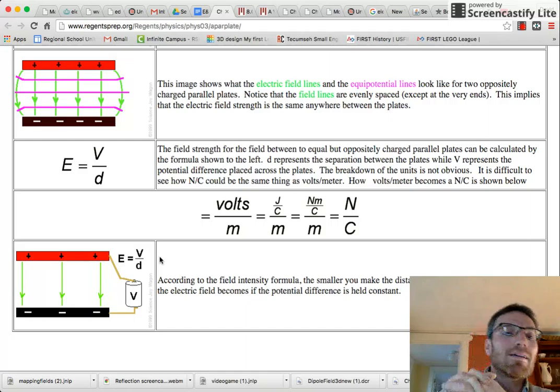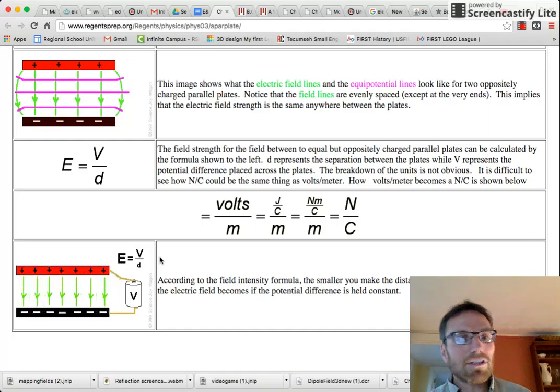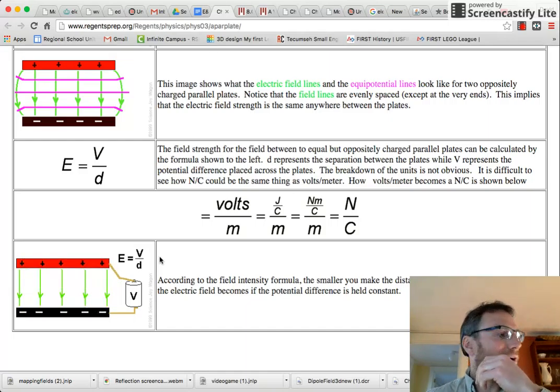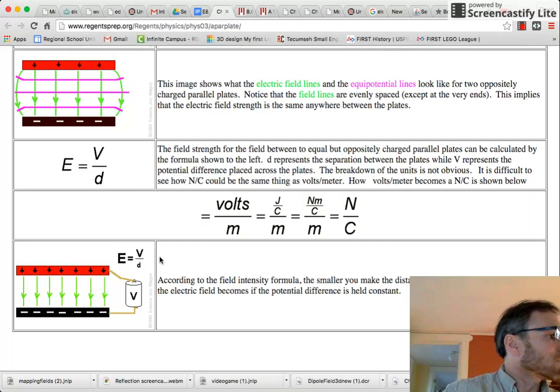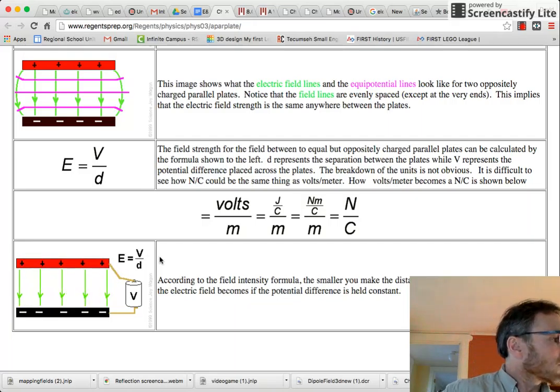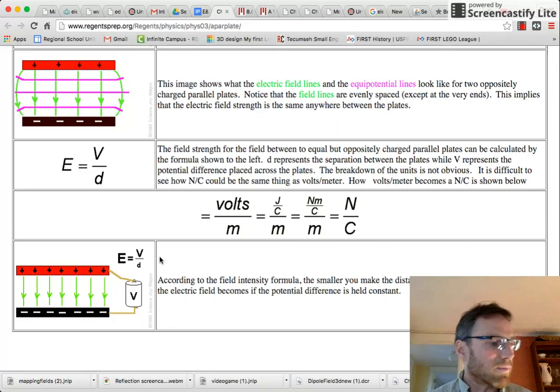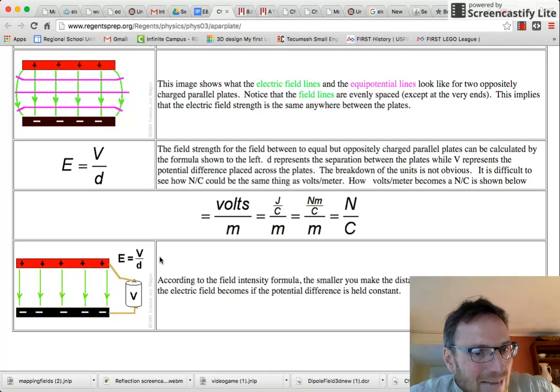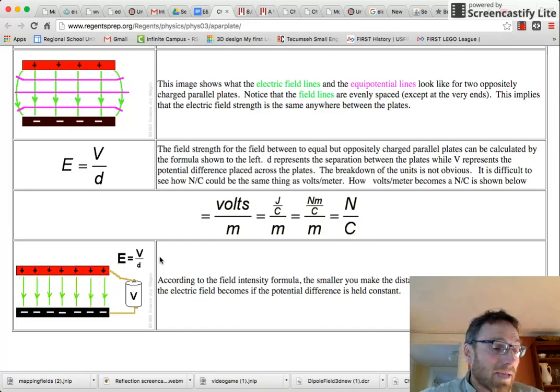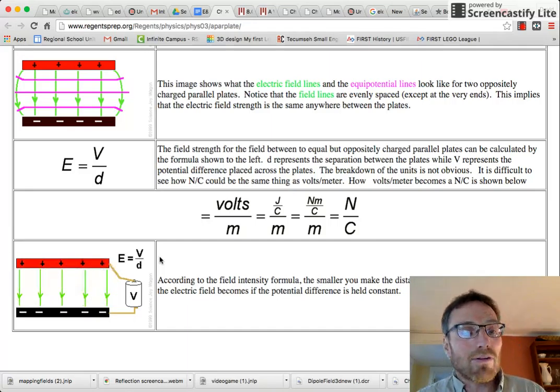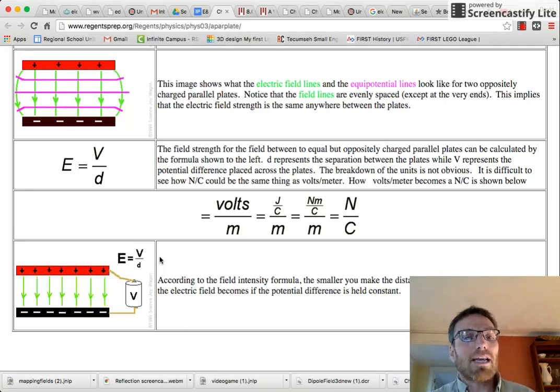So this is what I went to when we had the discussion about a question on one of the worksheets for Unit 2, where we were looking at comparing the potential difference between plates and field strength of the initial and final states. And so it seems that the electric field strength was the same for both in that problem. And I got a much clearer understanding when I went to this.